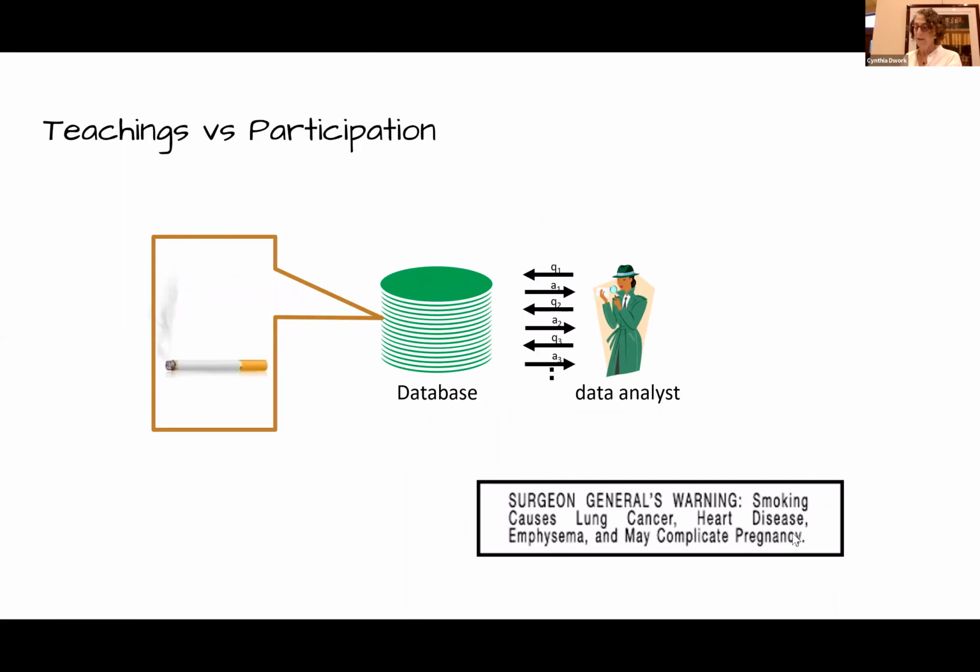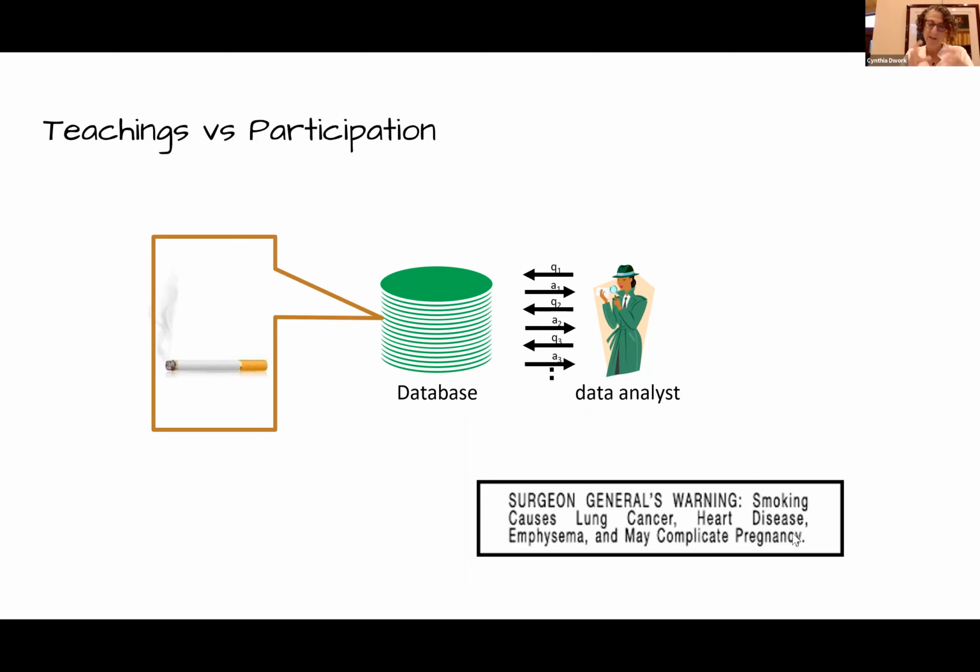Okay. And differential privacy allows us to disentangle harms that could come to people from harms that come from the teachings of the database. So for example, learning scientific facts, that smoking causes cancer, which might cause a smoker's insurance premiums to rise.